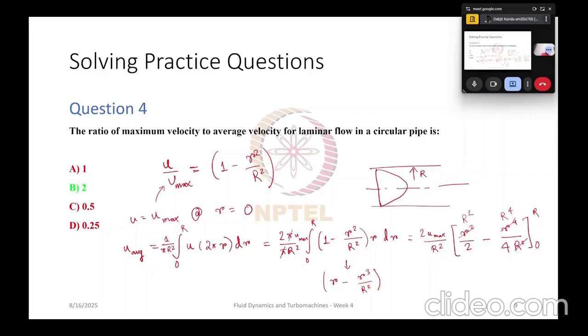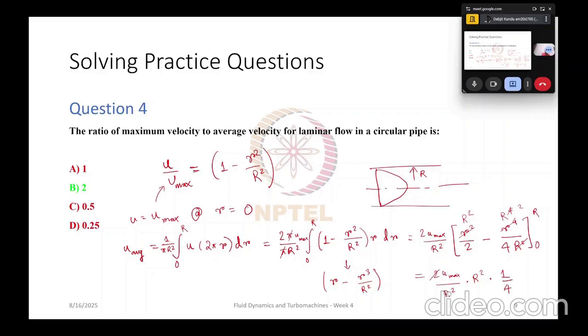So R square cancels out, I have R square remaining, and this R square we can take common outside. So we have 2 u max by R square. One R square came out from within the brackets, and inside the bracket I have half minus 1/4, which is equal to 1/4.